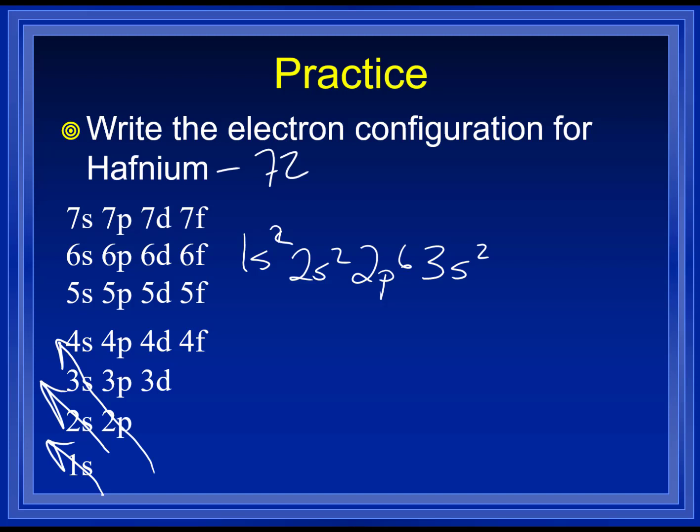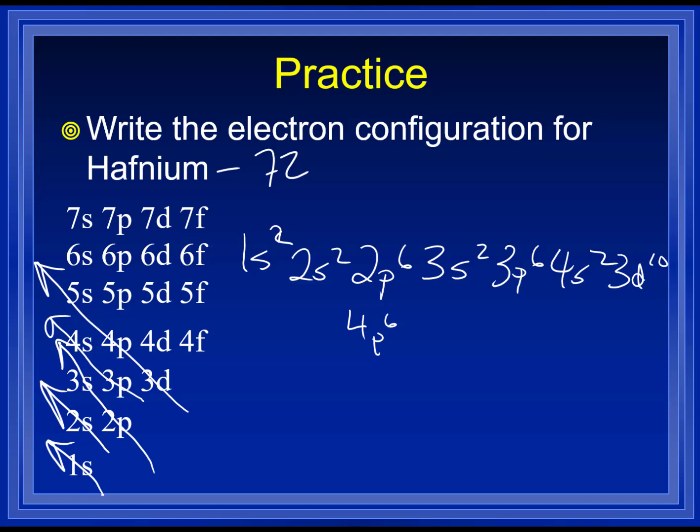So what comes after 3s is 3p. 3p can hold 6. And 4s could hold 2. Next arrow. 3d can hold 10. And 4p could hold 6, and now I'm at 36. Now I have to count again, but I'm halfway done.